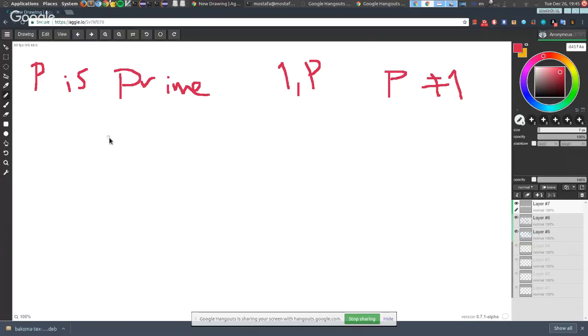So we have to have exactly two distinct divisors for p. In that case, p is a prime number. Examples of prime numbers: 2, 5, 19. All of these are prime numbers.